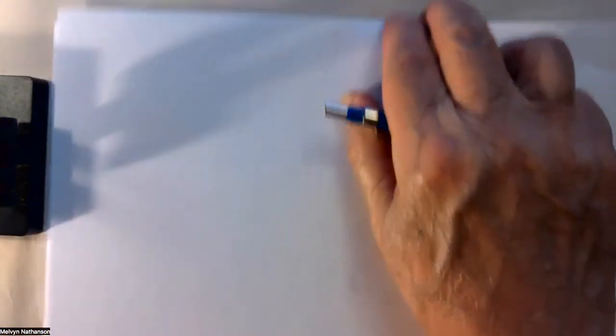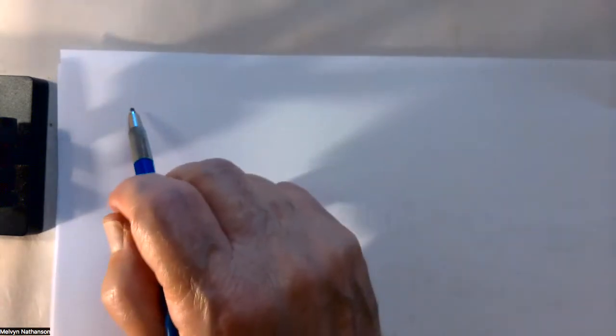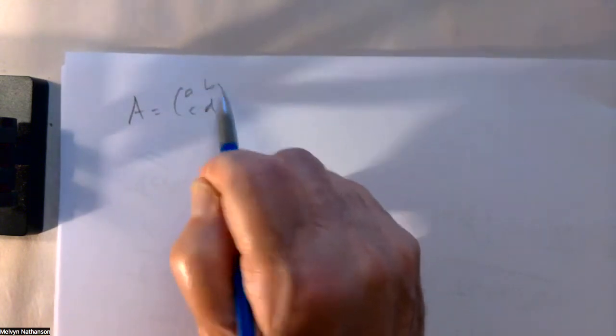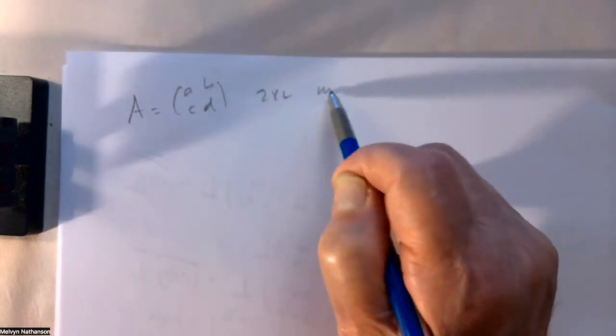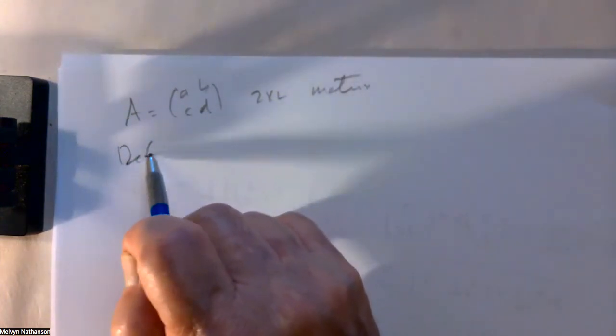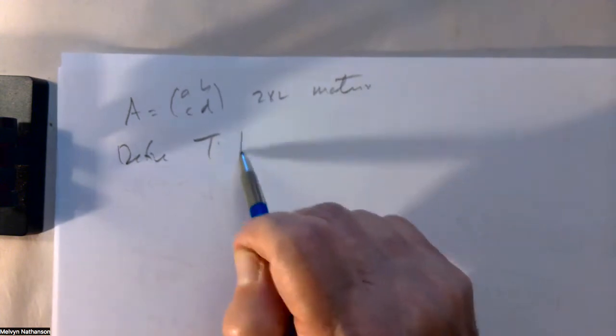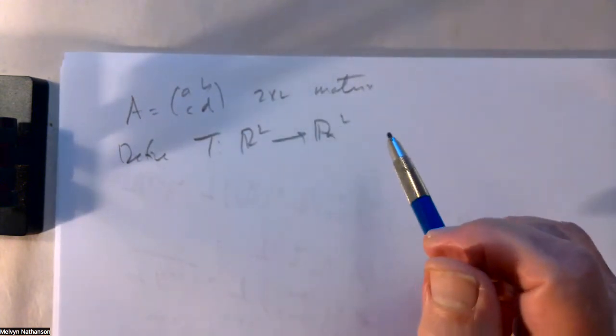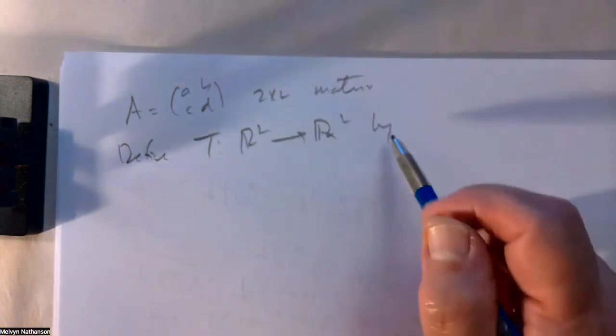What's another example of a linear transformation? Here's one which is very interesting. Suppose I take a matrix A, which is (a, b; c, d), a 2 by 2 matrix. And I define a function T from R2 to R2. Let me use x and y for the coordinates as follows.